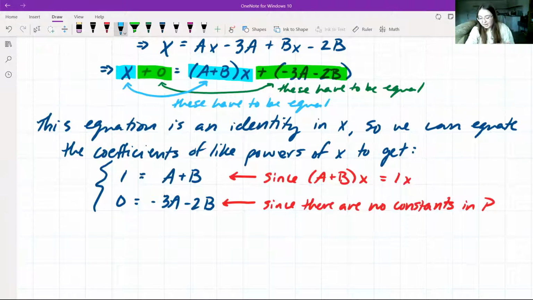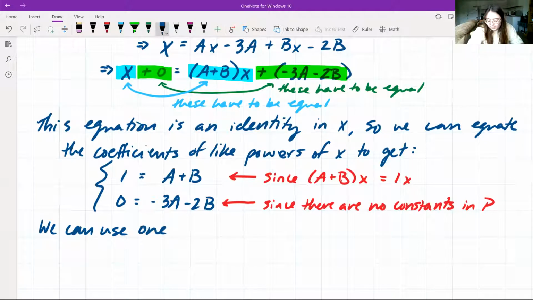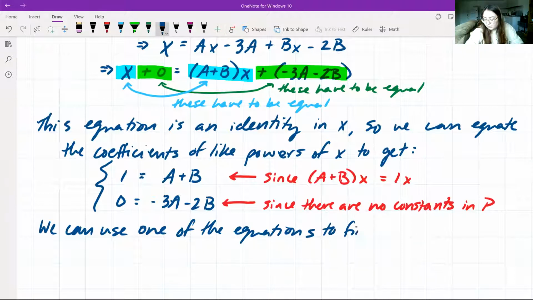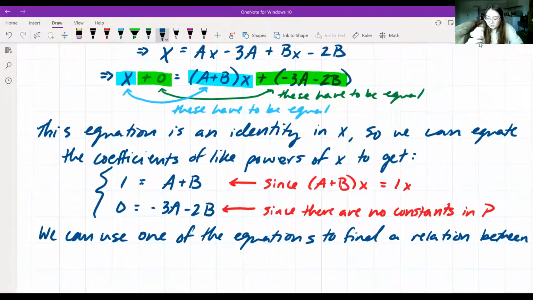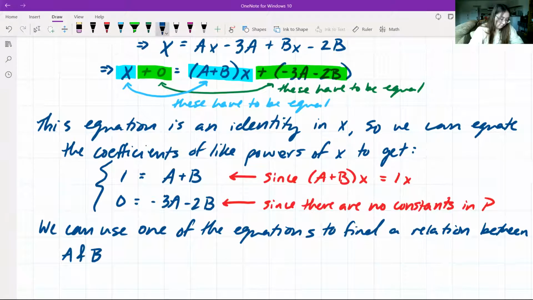So now we've established equations here. So we can use one of these equations to find a relation between A and B. The easiest one is that A plus B is equal to 1.